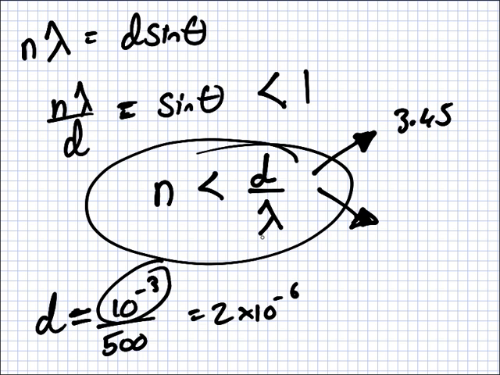Okay. And for the other wavelength, what do you get? So in both cases, the maximum order is 3.